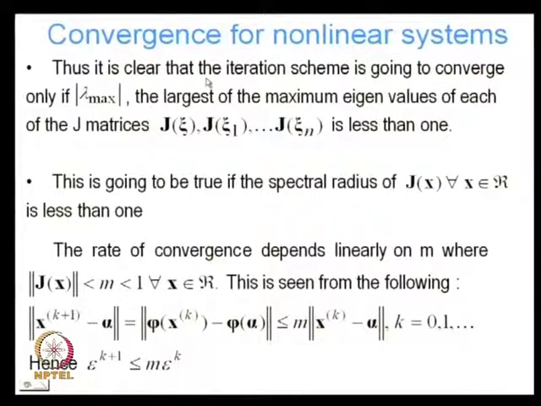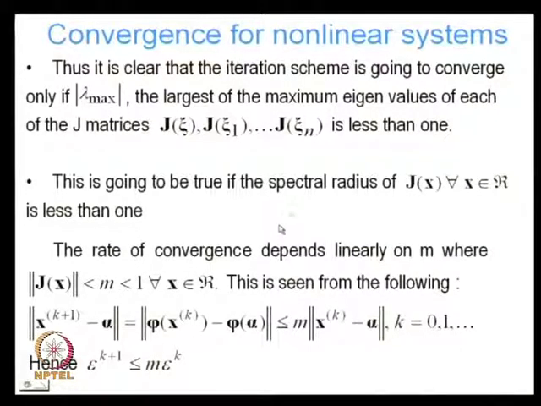Thus it is clear that the iteration scheme is going to converge only if the mod of lambda max, the largest of the maximum eigenvalues of each of the J matrices, J xi, J xi 1, J xi n, is less than 1. What does this mean?